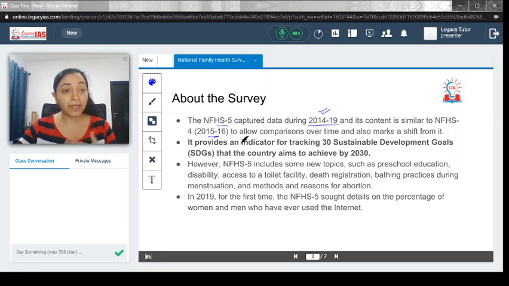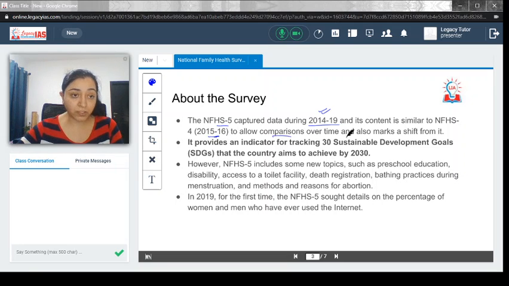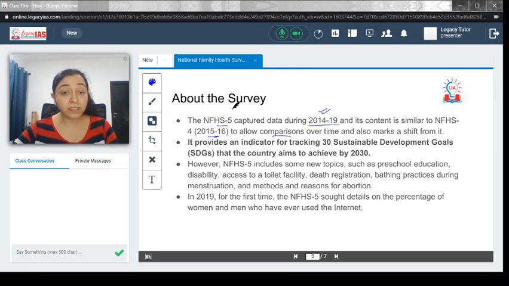So again, the indicators mentioned in NFHS 4 are similar to what is mentioned in the fifth version also, to allow comparison over time and also mark a shift from it. So this is what the survey and the data is all about: you will be able to see the shift. So in your examination, when you are writing a mains answer, try to also take a relative stand, like what the survey said in 2015 and what it is saying in 2019.